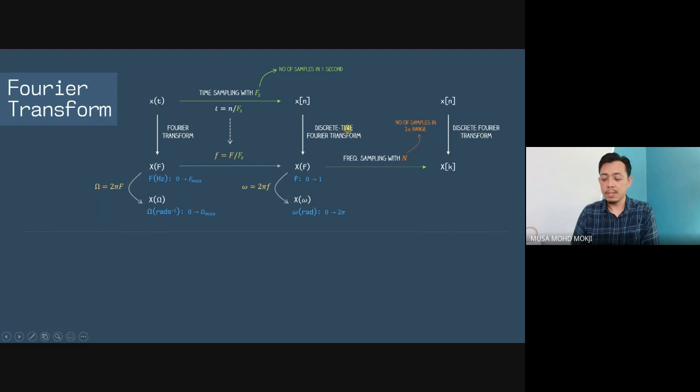So we drop the time, because now both are discrete. Everything is discrete. Time is discrete and the frequency is also discrete. That's why we call it the discrete Fourier transform, a completely discrete Fourier transform. So you have a discrete time signal x[n], and then you do a DFT, and you will get your capital X of k. This is the frequency response in discrete frequency.